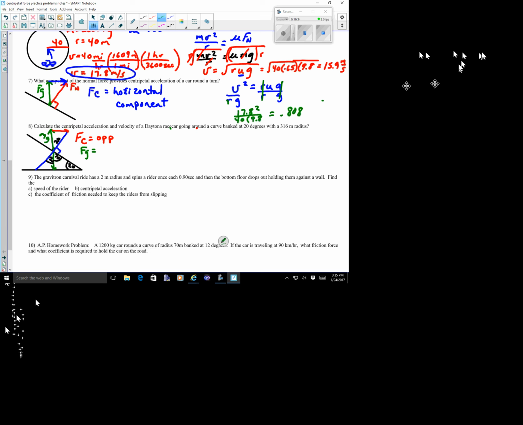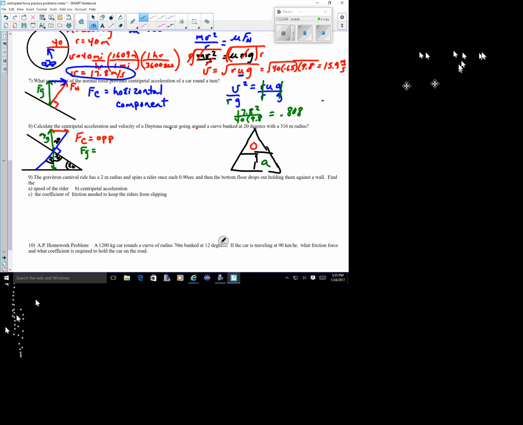Okay, so here we go. Watch this. I'll do this on the board here. The adjacent side is green, and that's mass times gravity, right? That's the adjacent side. Let me just put A in there for adjacent. The opposite side is the red side. And so what trig function are we going to use? We're going to end up using the tangent.